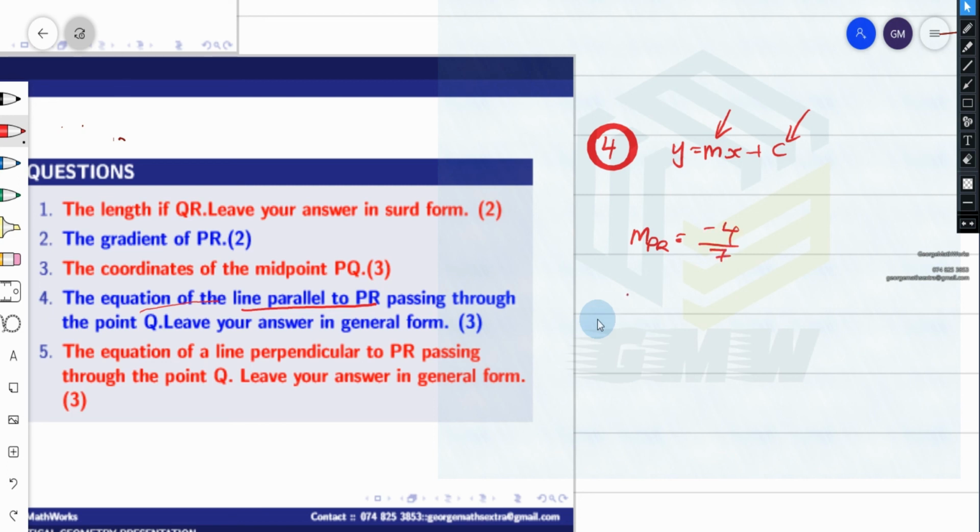Therefore, the line that I want to calculate will also have the same gradient. y is minus 4 over 7 x, then plus c. Since they are parallel, it means equal gradients. That's what we covered: two lines are said to be parallel if their gradients are equal.